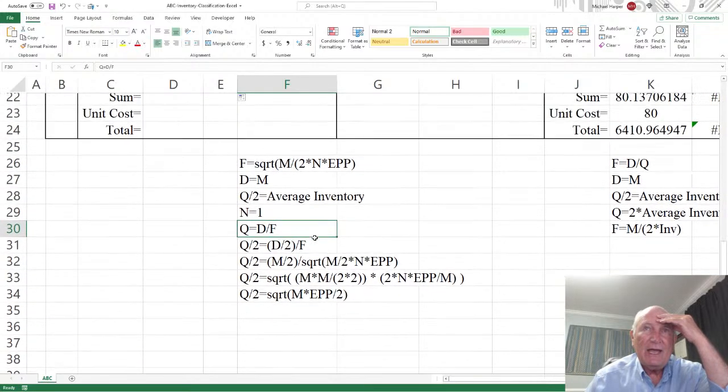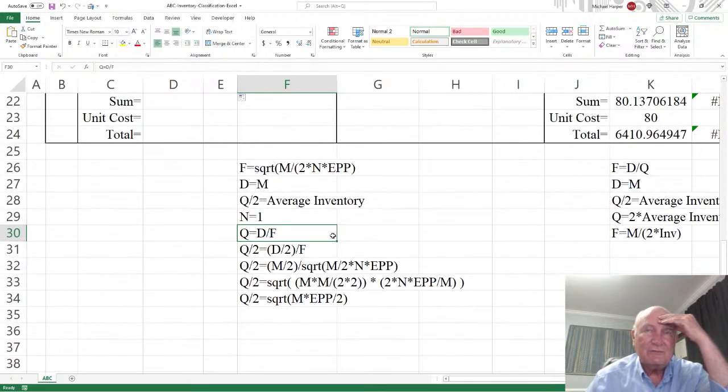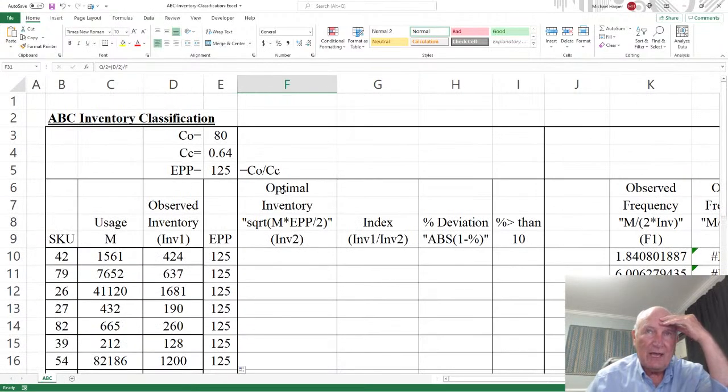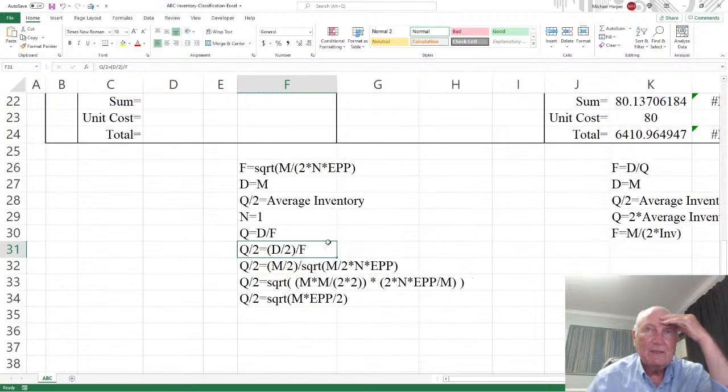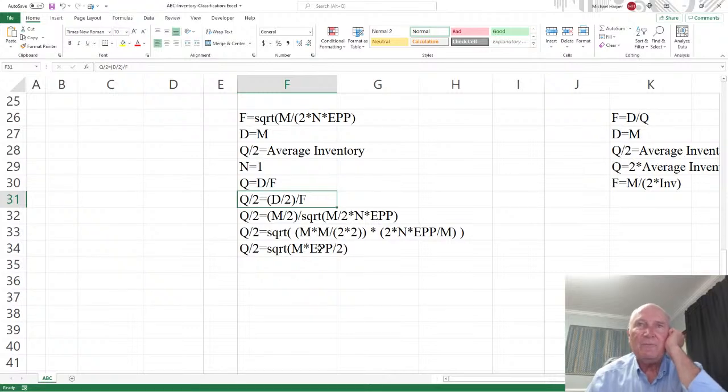Then finally we have Q equals D over F. So Q over 2, which is our average inventory, is D over 2 divided by F. Now I substitute in M for D right here, M over 2. And F is the square root of M over 2 times N times EPP. I put that right here.